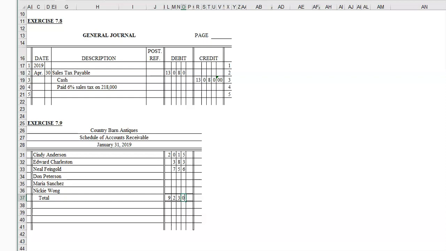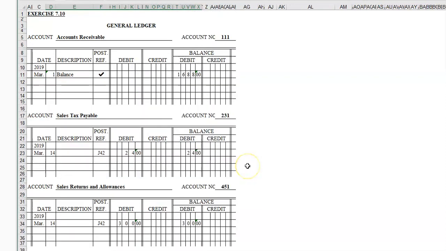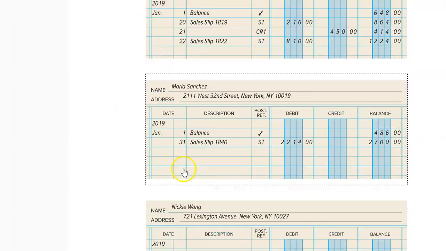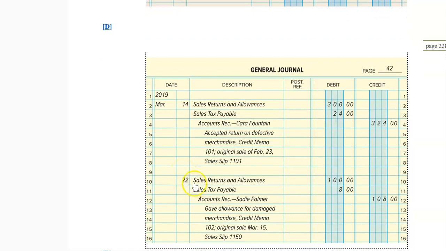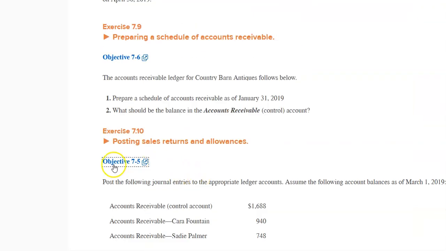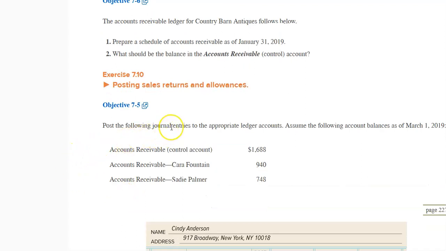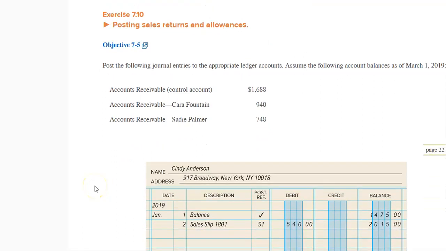Okay, let's go ahead and look at example 7.10 and see what they want us to do with this one. Posting sales returns and allowances. Post the following journal entries to the appropriate ledger accounts. Assume the following account balances as of March 1. So we're going to go ahead and post to the ledger this time.